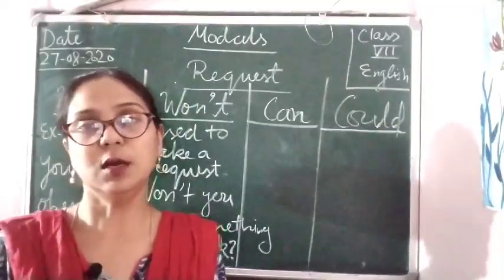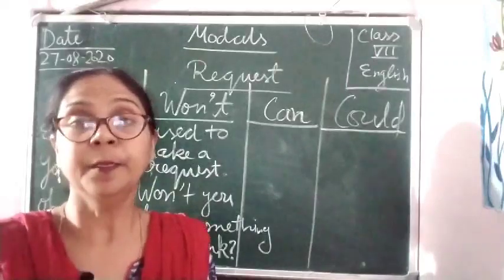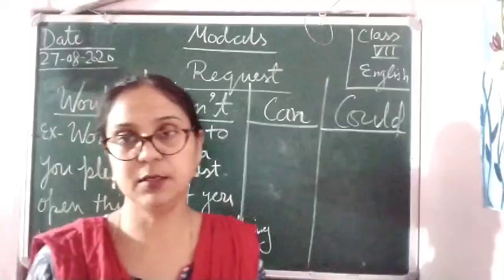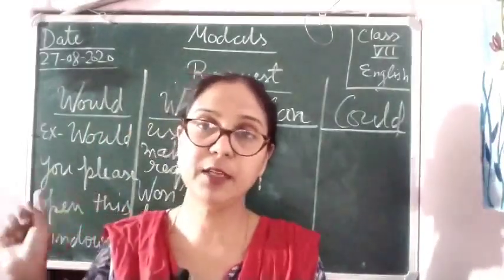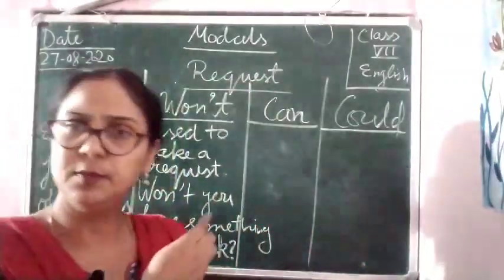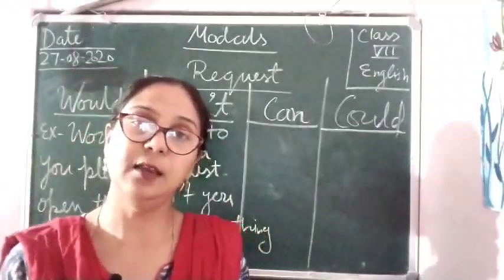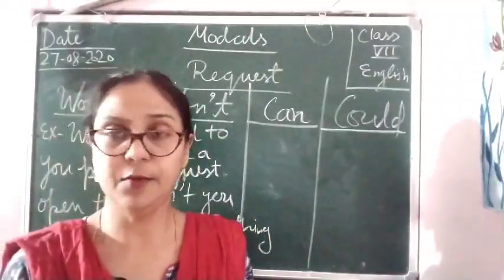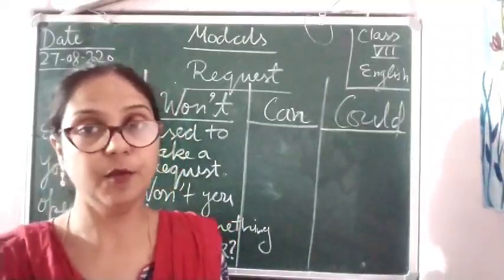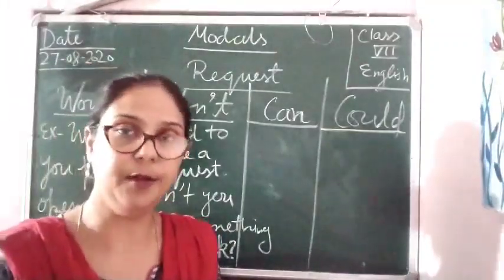You are requesting someone in a very informal way. Always remember that would is always used in a formal, gentle way. Want, sometimes we can use this, but can, we can use everywhere in our daily conversation, but it is always in an informal way.